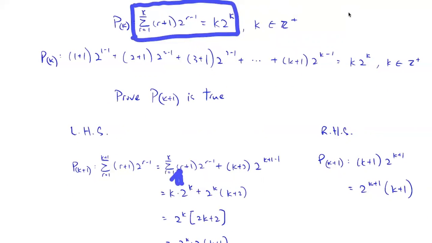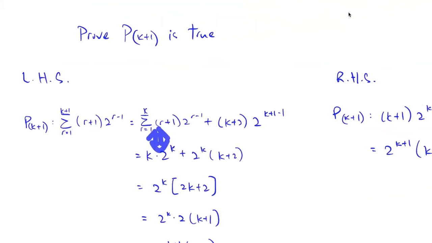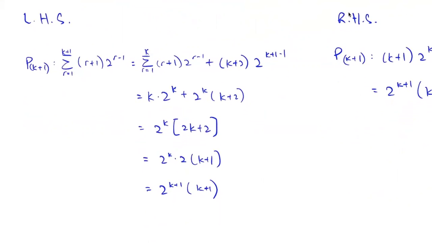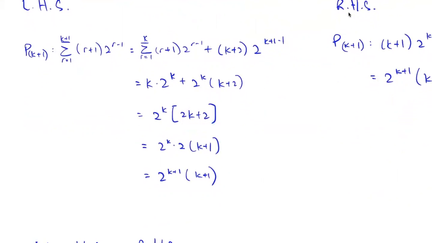So this equals this. And below, we take the common factor of 2 to the power of k. So k plus 2 would be 2k plus 2. And then we take the common factor of 2. So inside would become k plus 1.